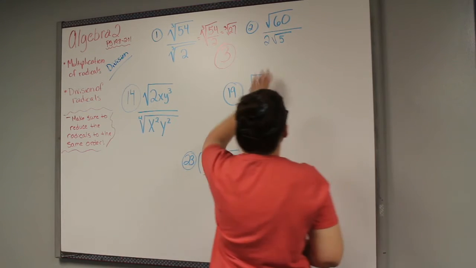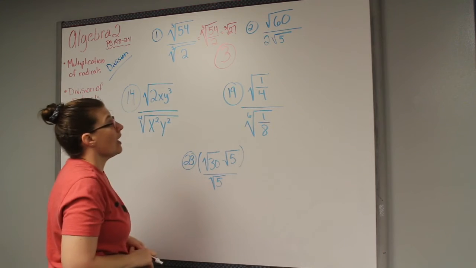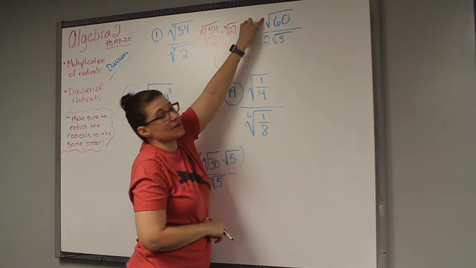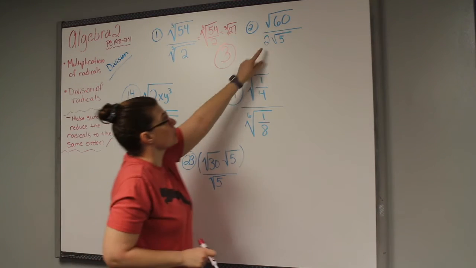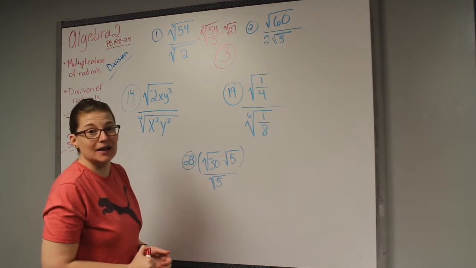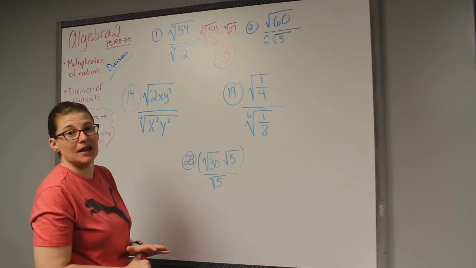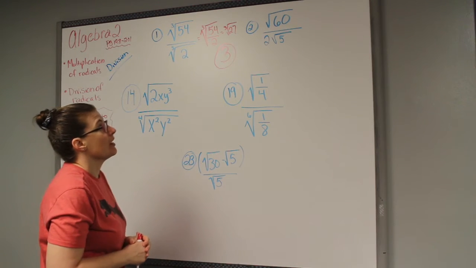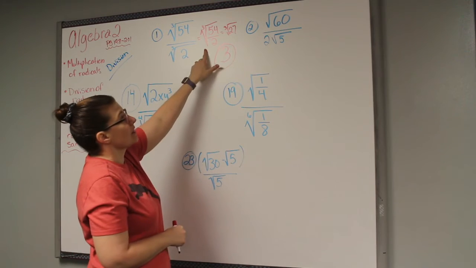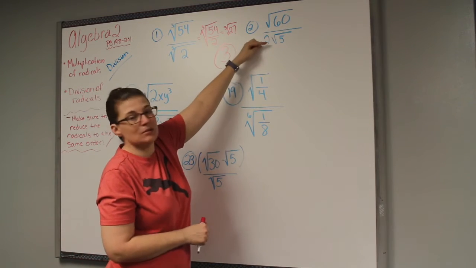If we move to problem 2, I have the square root of 60. It's a square root. We don't write the square out there. And then 2 times the square root of 5. So again, we have the same order, which is great. We don't have to do any extra work. Now, if I wanted to write this like I wrote this one, this 2 is on the bottom of the fraction.